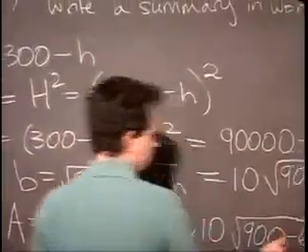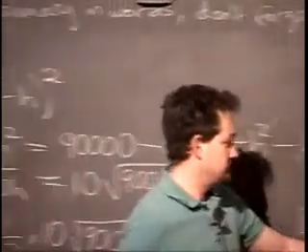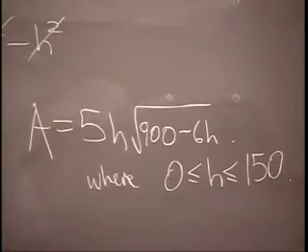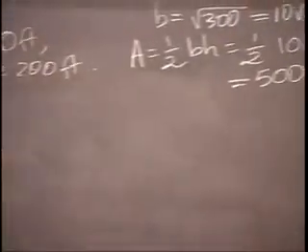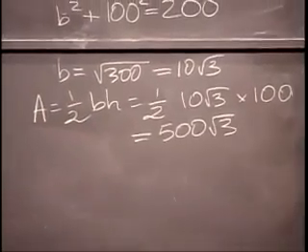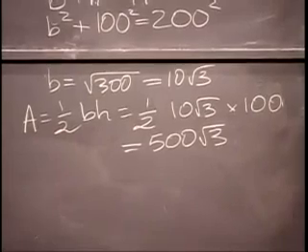Okay, in the area equation here, this one here. Yes, it's very possible. What did I do wrong here? What did I do wrong? Oh, I know what I did wrong. B is wrong.